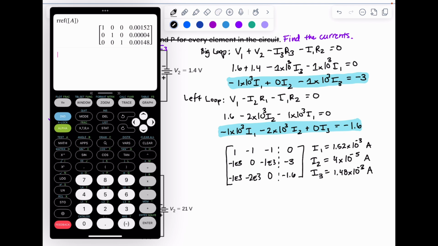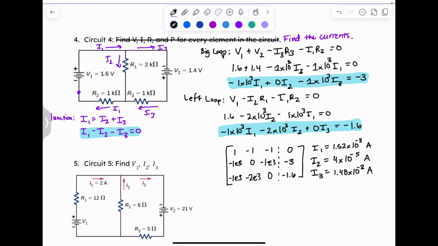So that tells us what each current is. So if we look back at our original circuit, we defined I1 as here. So I1 is going through R2. So that means that the current through R2 is 1.52 times 10 to the -3 amps, or 1.52 milliamps.